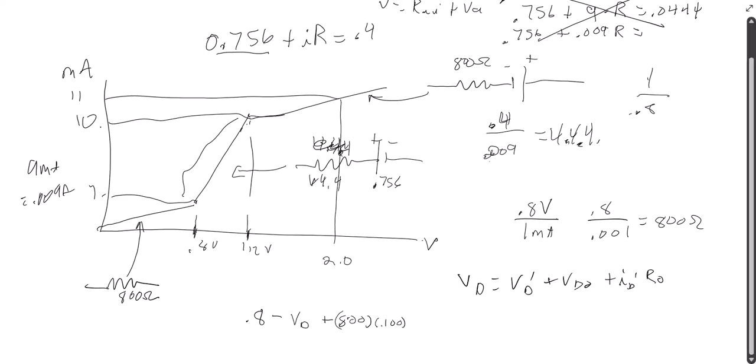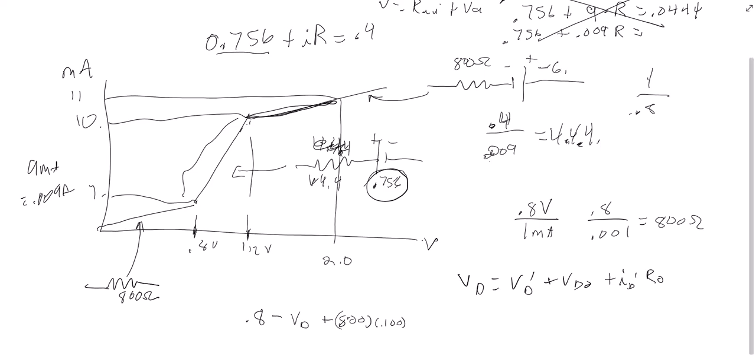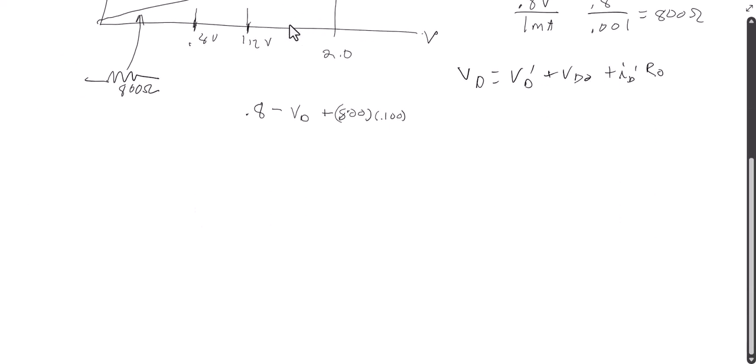My best guess is that we get the resistance, that's not so bad, we did that, but then we must be in a breakdown region, and it must just be a known value, just like our 0.756 is a known value, and this known value is negative 6 point something, negative 6.8. So I'm just going to go with that.